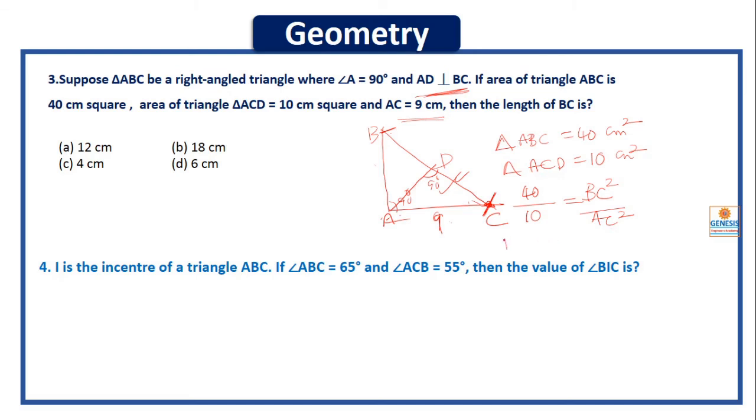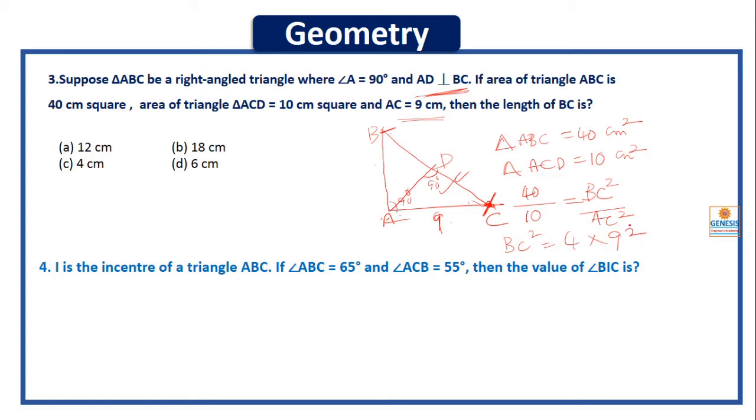Since AC is given, BC square is equal to 4 into 9 square. So how much is it? 81, so 3 square, AC is equal to 9.